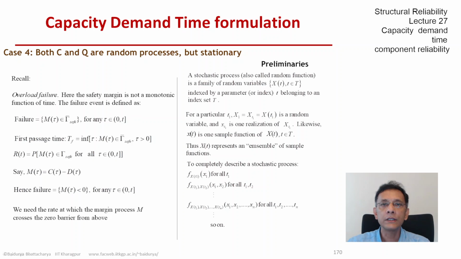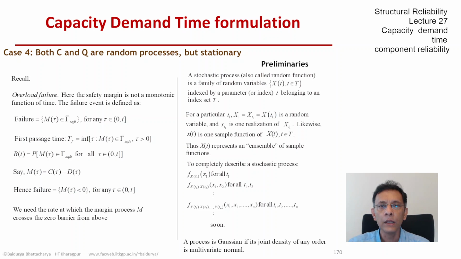Now, because these x's are all random variables, and depending on the size of the index set capital T, we would need to know the joint probability description of all these random variables, x t1, x t2, up to x tn. So to fully define a stochastic process, we would need the joint density function or distribution function of all orders, depending on what the size of my index set is.